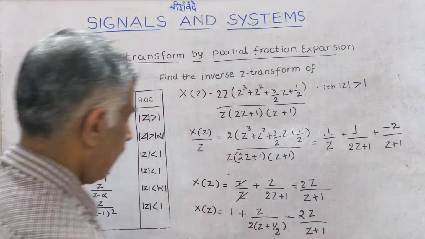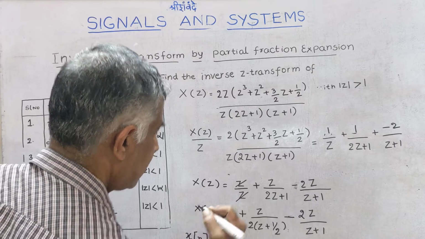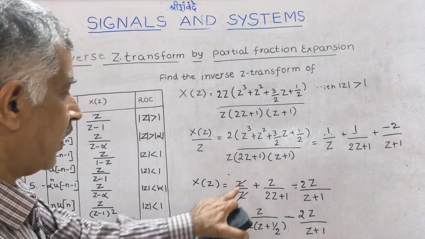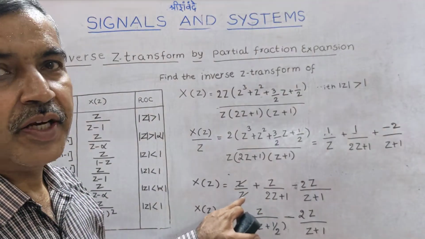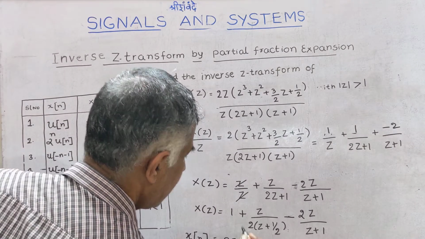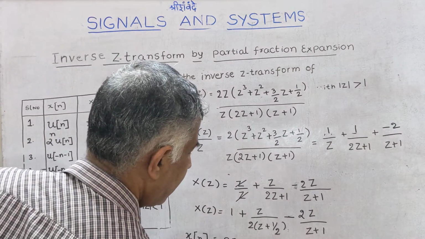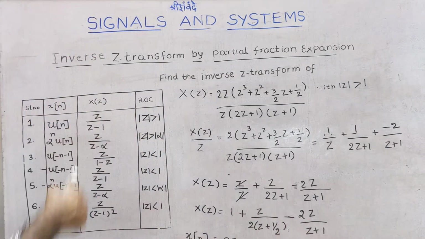Therefore, first, what is x of n? The inverse z transform of 1 is the delta function, therefore delta of n, plus half. Compare these two terms here.